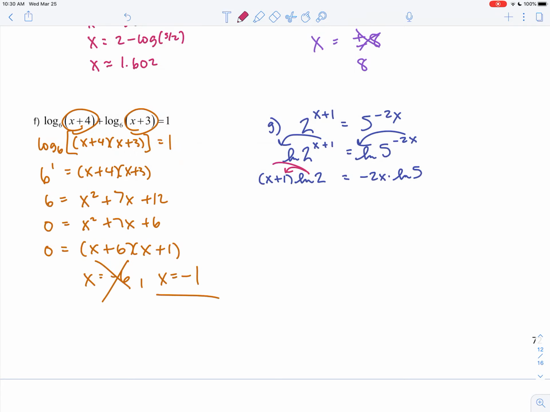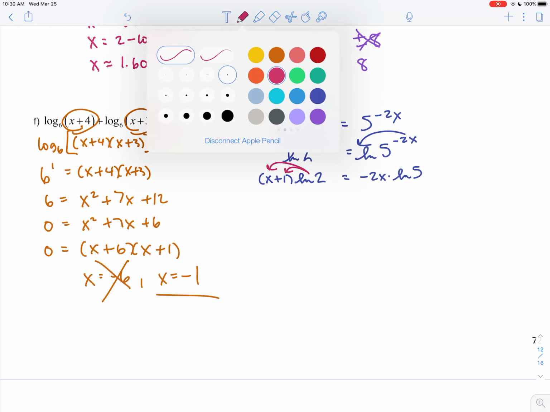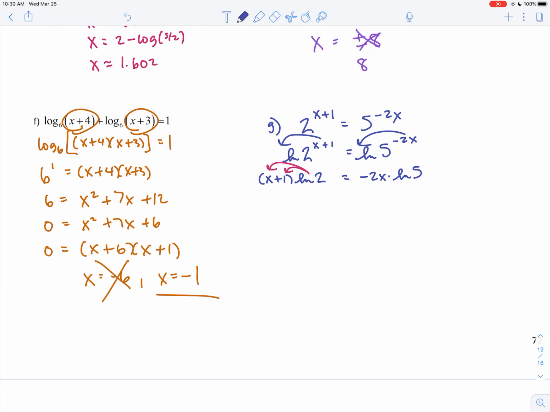What I would recommend doing is to just distribute this natural log of 2. That way we can get rid of these parentheses on the left-hand side. So I have x times ln of 2 plus ln of 2 equals negative 2x times ln of 5. Now, if I get these terms together that have factors of x, I could potentially factor out the x.